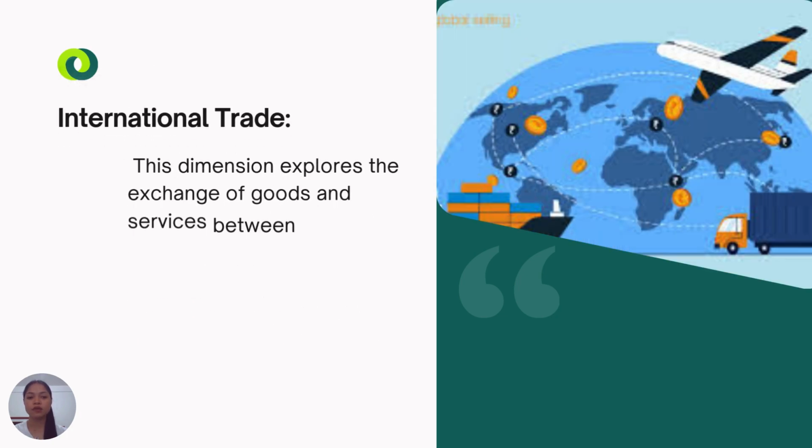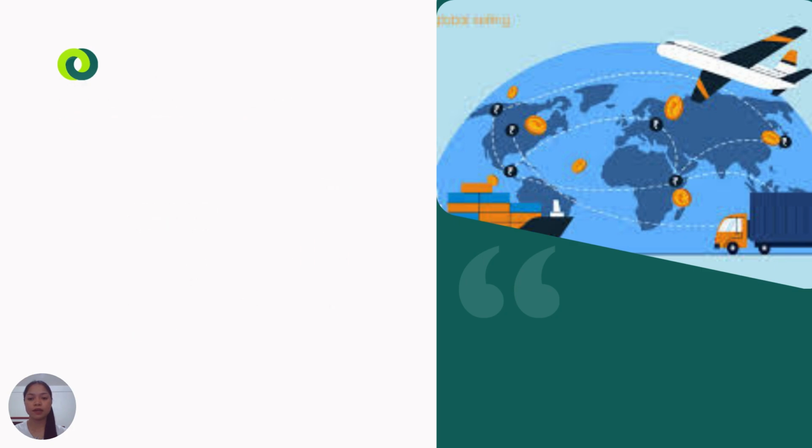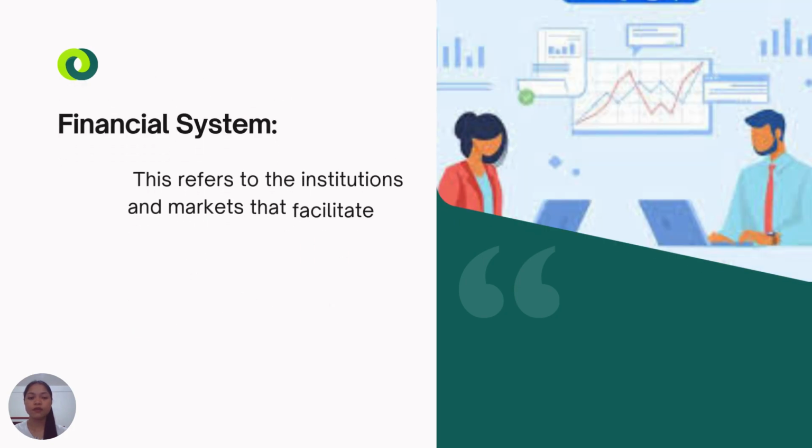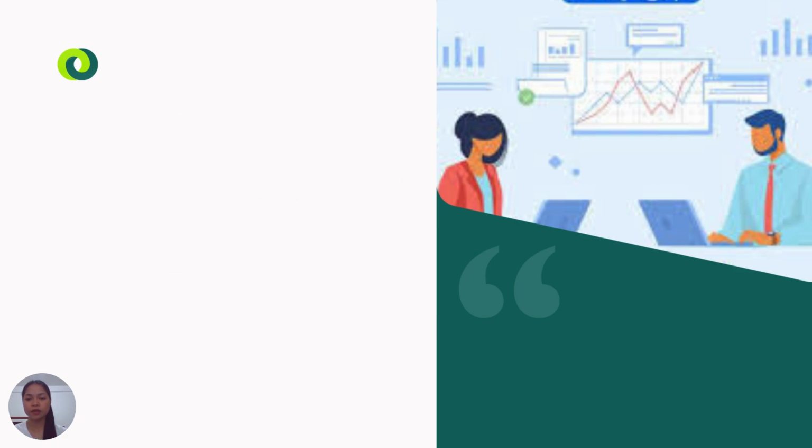Next is international trade. It is the exchange of goods and services with other countries, for example products here in the Philippines to Thailand. Financial system. Banks, stock exchanges, and insurance companies are some of the institutions that help the flow of money and also capital into the economy.